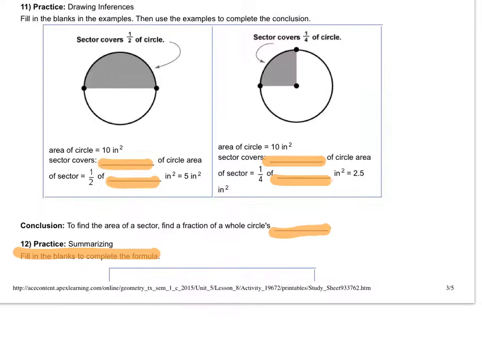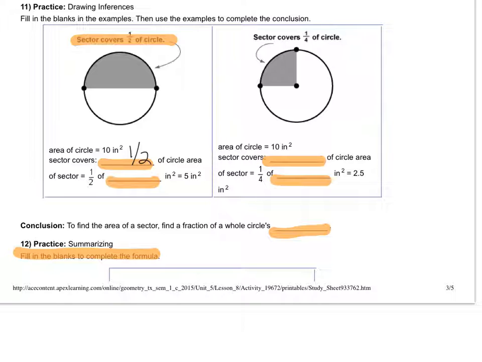Okay. All right, here we go with an example. It says fill in the blanks in the example, then use the examples to complete the conclusion. We're going to start over here where the sector covers a half of the circle. And we know that the area of the circle is 10 inches squared. The sector covers half of the circle area.